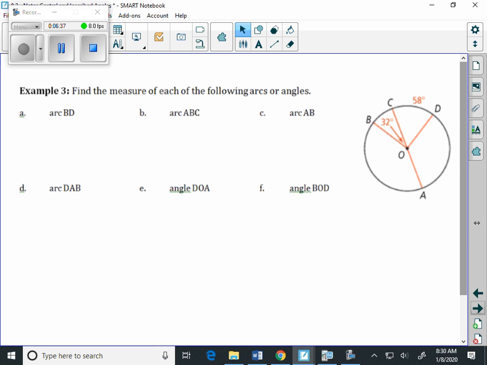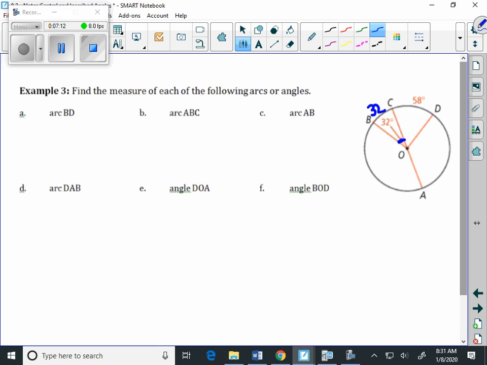Example 3. Find the measure of each of the following arcs or angles. Our first one here is arc BD. If we look real close at this, we have a central angle here where I just put that blue mark in. Since it's a central angle, and the angle is given as 32 degrees, that means that arc BC is also 32 degrees.